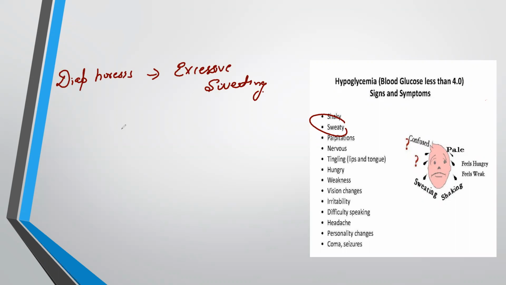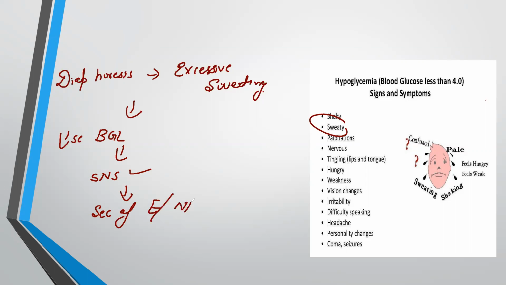It is also associated with hypoglycemia, because when the blood glucose level is decreased, the sympathetic nervous system response is triggered, and that leads to secretion of epinephrine and norepinephrine, that leads to the diaphoretic condition.